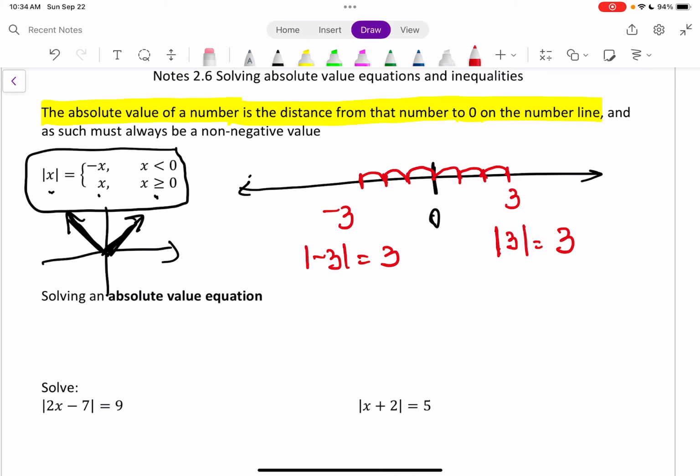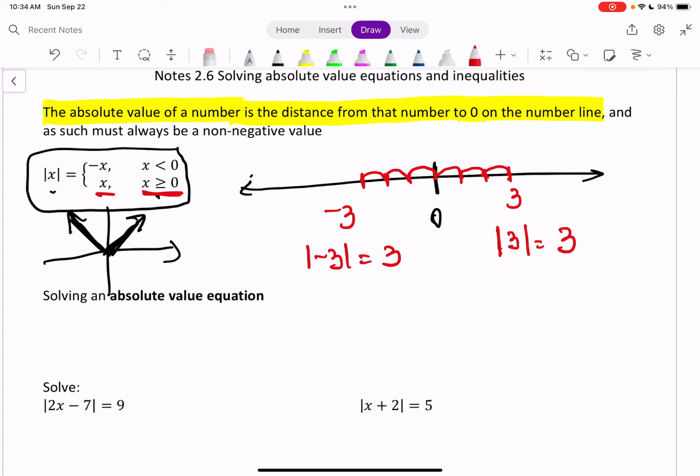So it doesn't matter what side of 0 you're at. The absolute value of a positive number is itself. For a negative number less than 0, you have to take its opposite. In other words, you have to make it positive again. So as you see from the graph of the absolute value function, all the y values are always positive.